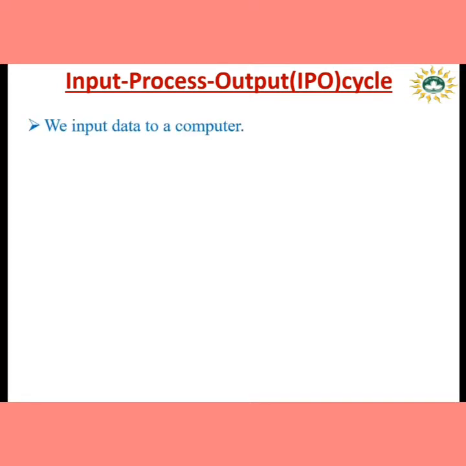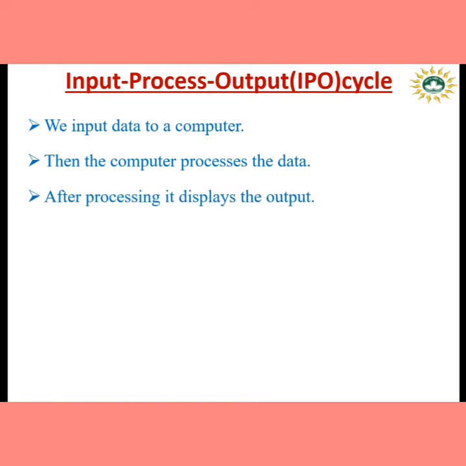So first we have to input data to a computer. After taking the input, the computer processes the data, and then after processing it displays the output, or sometimes it stores the output. So this cycle is called the input process output cycle, that is giving input to the computer, processing the input, and then displaying the output.